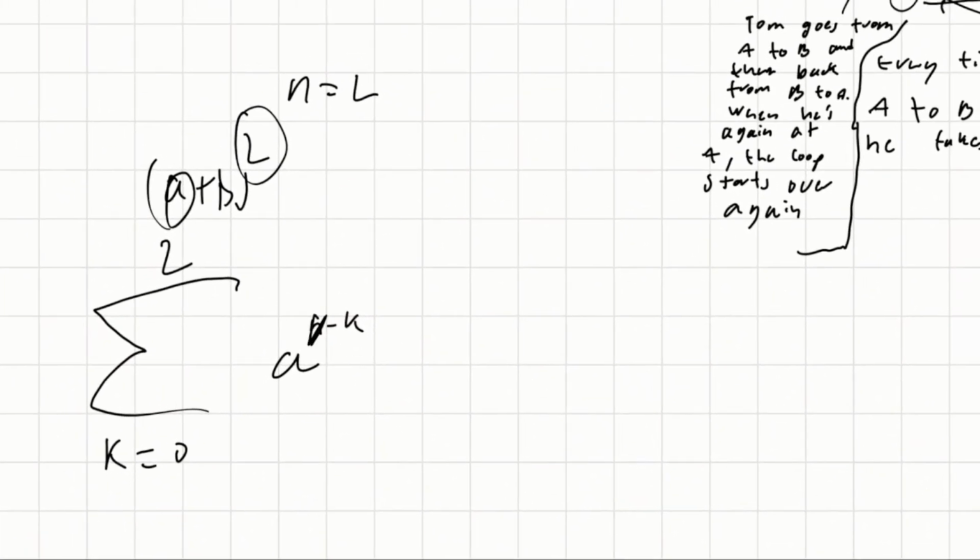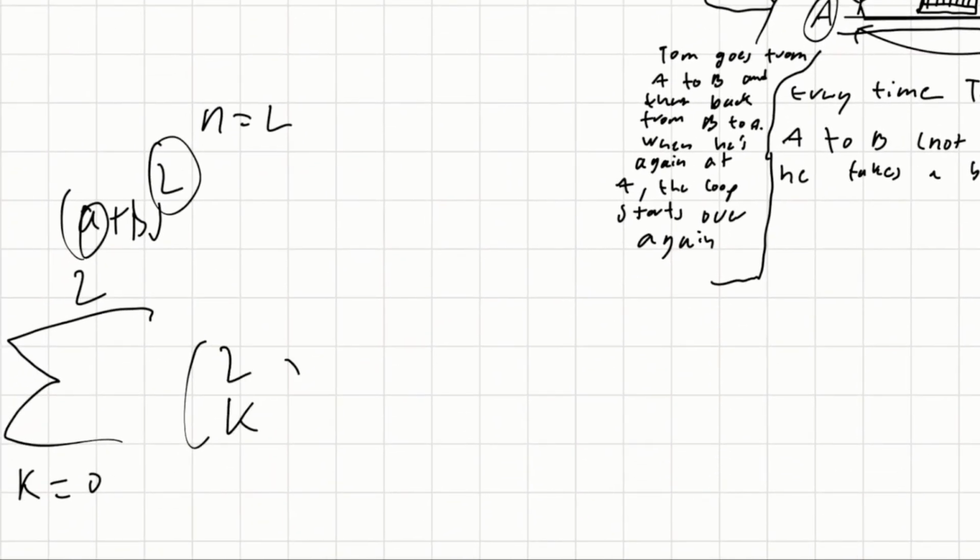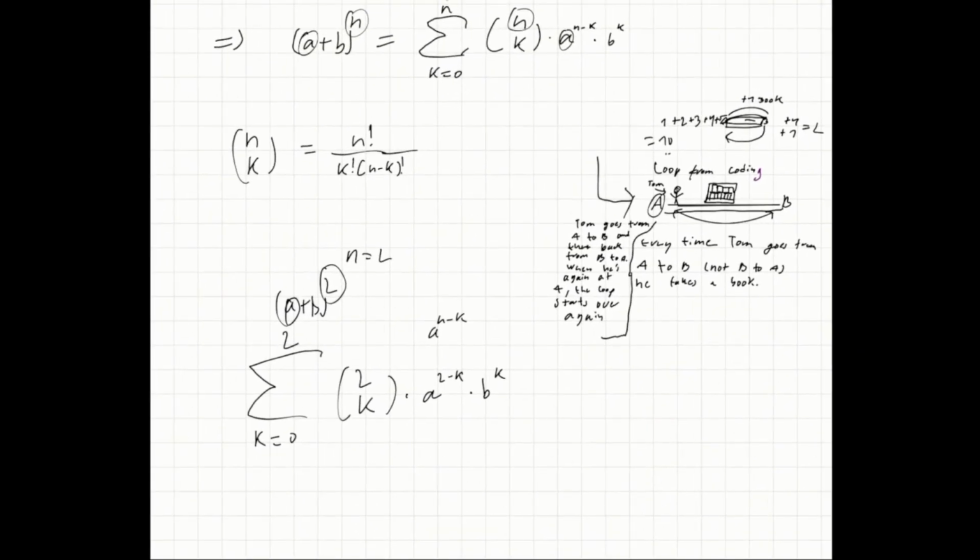So we can already say 2 over k times a to the n minus k, so 2 minus k. And then we just say times b to the k.